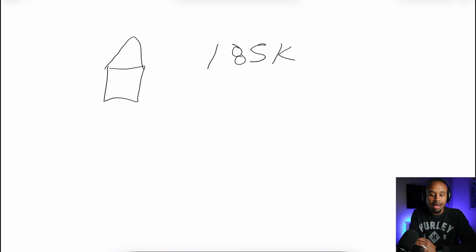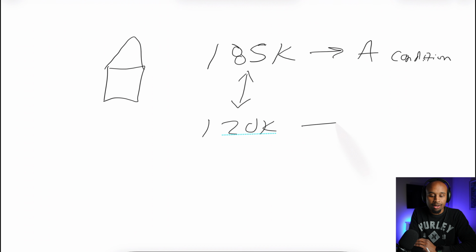So this is what the house would sell for in A condition. So that's my ceiling. My floor was 120. So this is what the house could sell for in its current condition. And right now, the house is in a D condition.